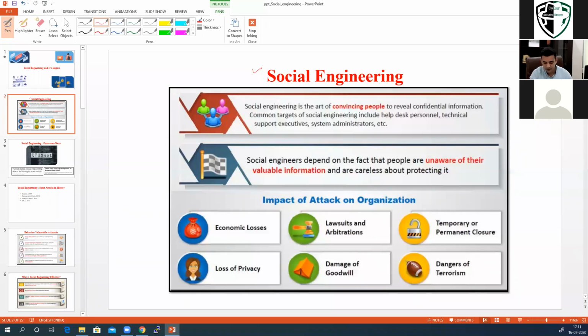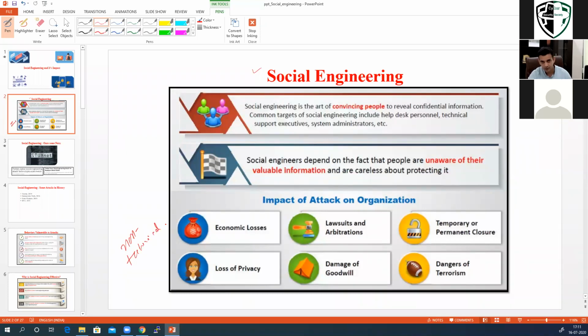There is no direct interaction with the target system or the network we are talking about. That is why some people call it a non-technical attack. It is considered the art of convincing the target to reveal information.